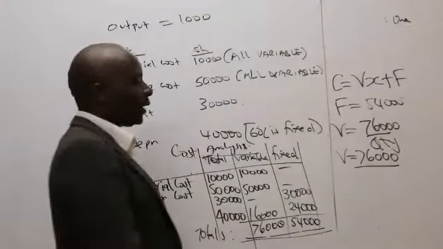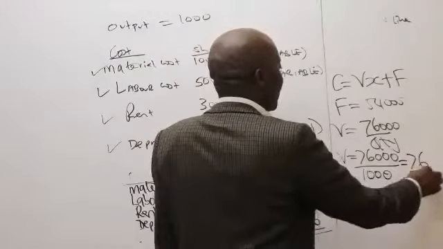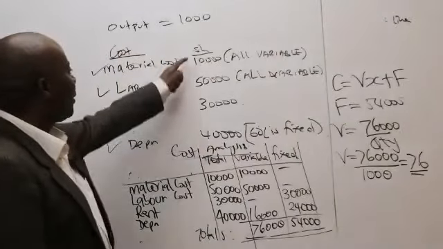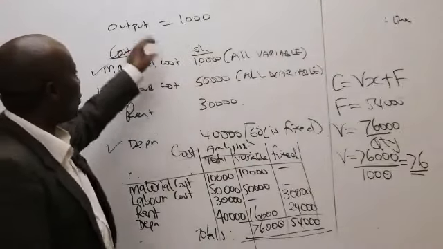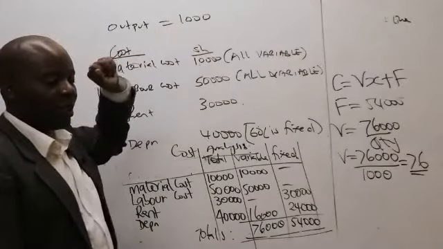I'm being told here 1,000. So this will end up giving us 76, because remember this information that we have here was used to produce 1,000.